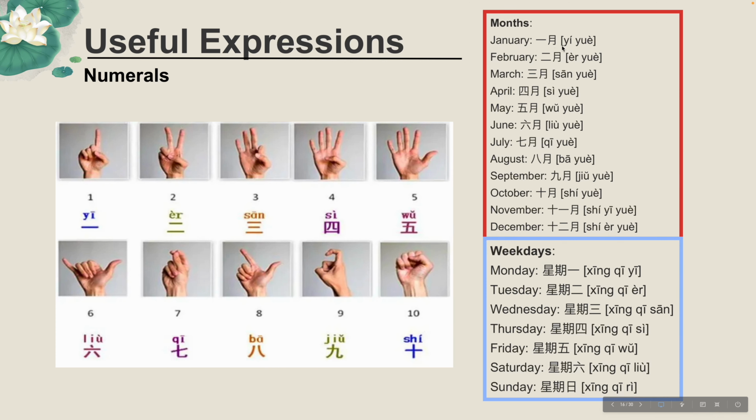Month is 月, so starting from January, 1月、2月、3月、4月、5月、6月、7月、8月、9月、10月、11月、12月。星期 means week, so starting from Monday goes 星期一、星期二、星期三、星期四、星期五、星期六、星期日。Sunday is the special one, and we will explain more about it in a future lesson.